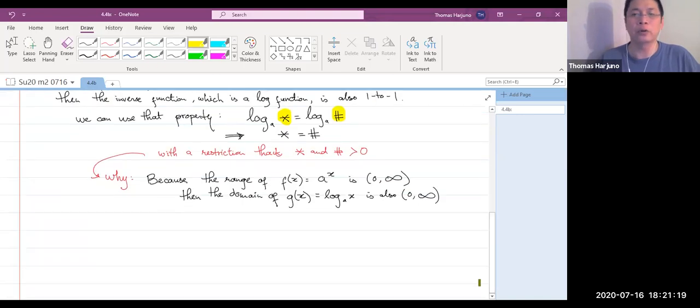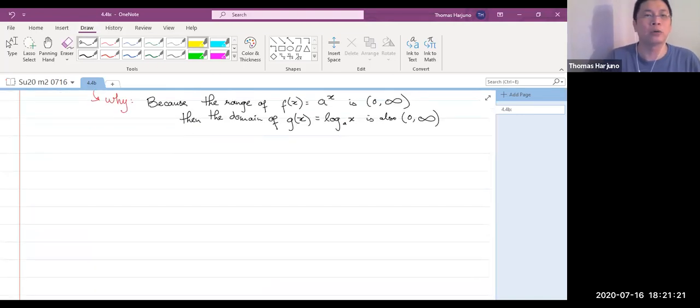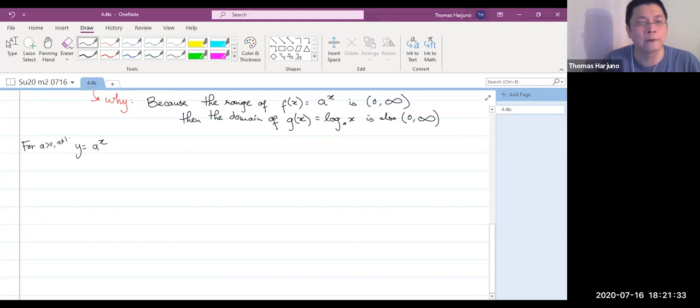Now, later on, we will do this thing. Let me just do it now. If we compare the exponential function y equals a to the x, for a positive and not 1, and y equals log base a of x, we know that they are inverse to each other.